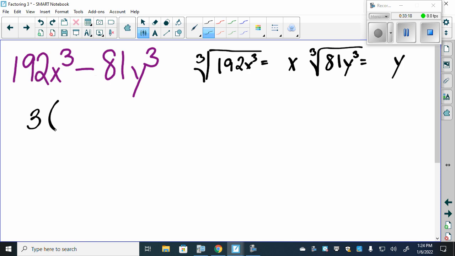Because 81 is 9 squared, or it's actually 3 to the fourth. 192 is actually 3 times 64. 81 divided by 3 is 27.